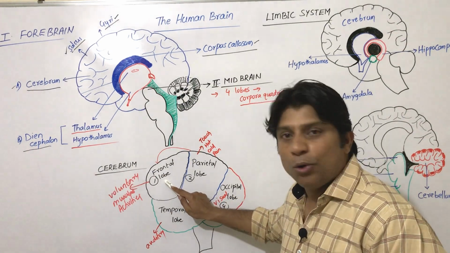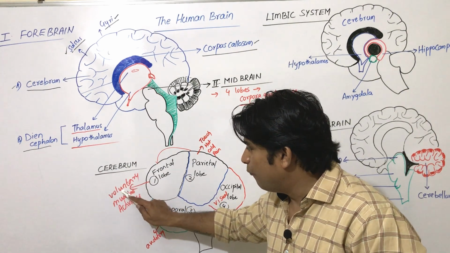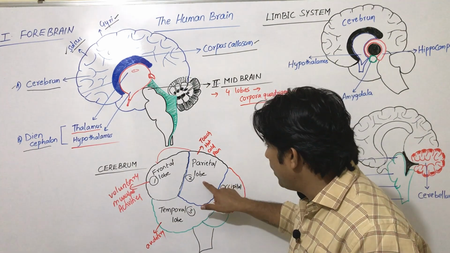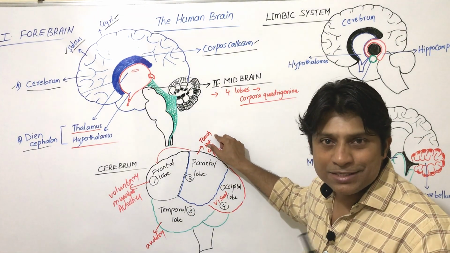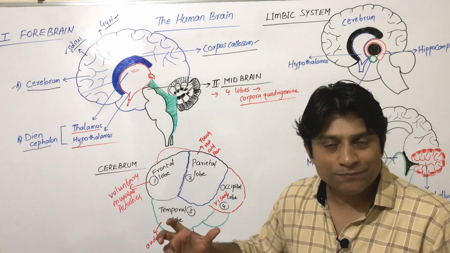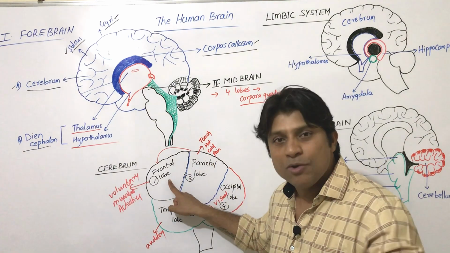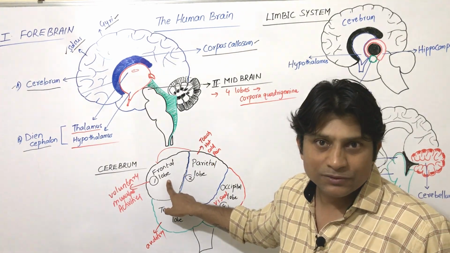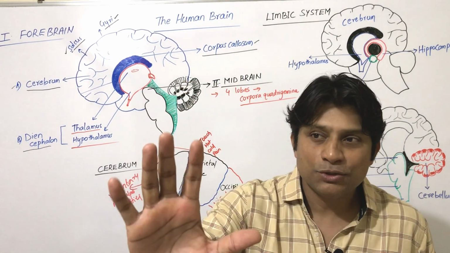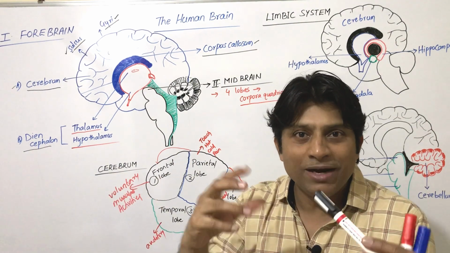The frontal lobe is involved in controlling all the voluntary muscular activities, whereas the parietal lobe is responsible for the sense of touch, hot, cold, and pain. Once it identifies this, it will send a signal to the frontal lobe. For example, when you touch a hot substance, you withdraw your hand. This is what normally happens.